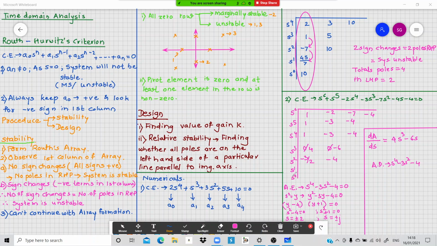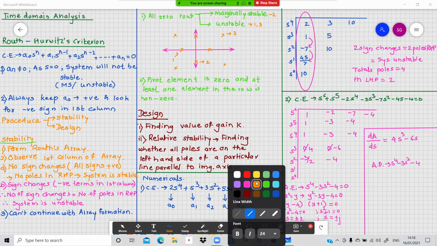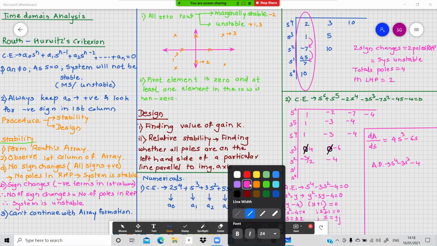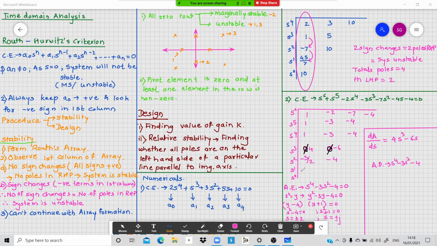Next element, this into this into this divided by, I'll cancel it with this thing. It is the 0 which you are cancelling. So this element I got minus 50 by 3. And the last element again I got minus 4.